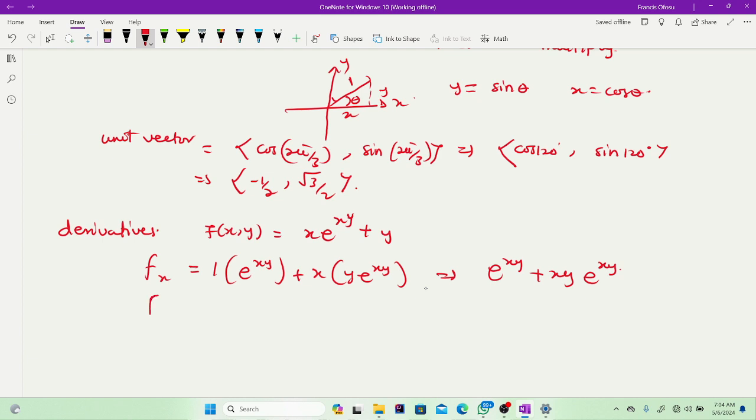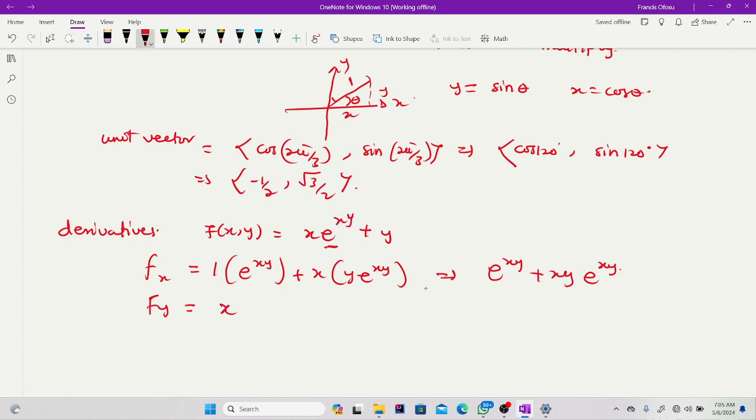Once you get this, then we can find fy. So fy is differentiating this with respect to y. My x becomes a constant, so I only have the exponential function carrying the y. I'll simply differentiate the power here, and I'll get x.